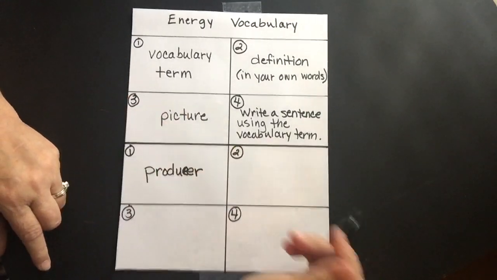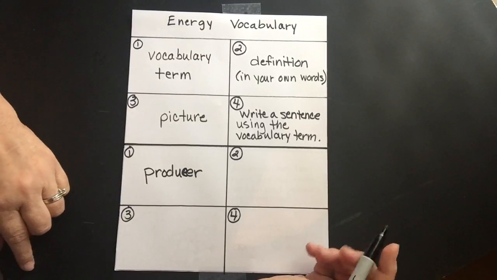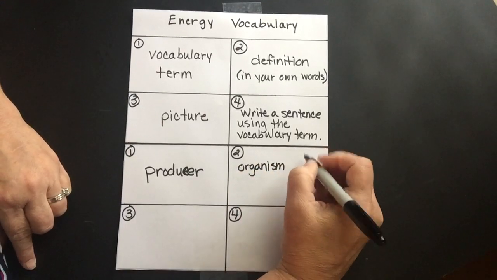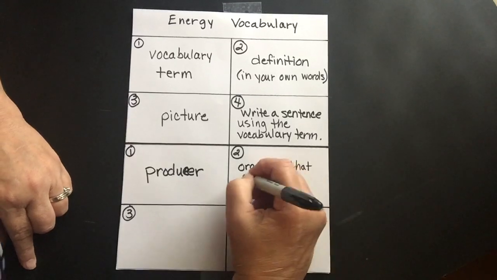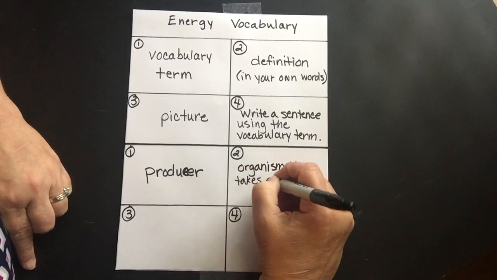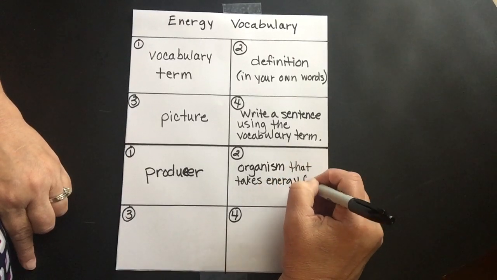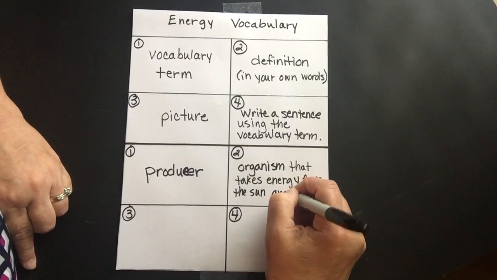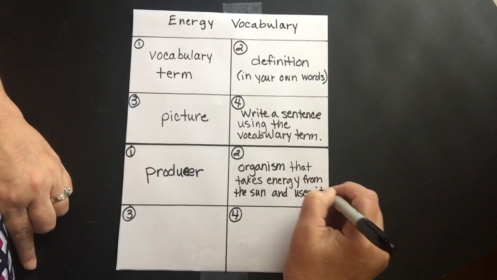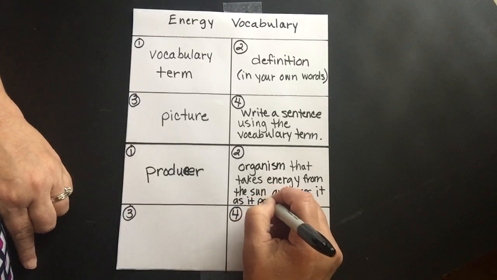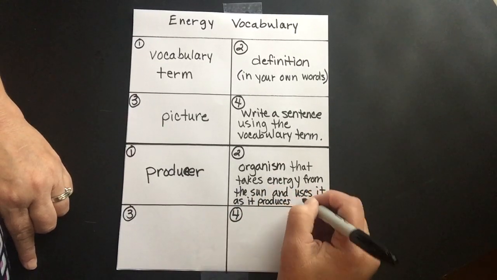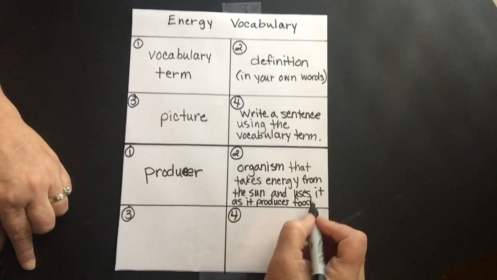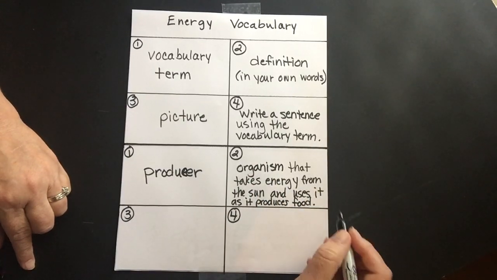Our definition for producer, I've looked it up and I thought about it and put it in my own words, and I'm going to say that it's an organism that takes energy from the sun and uses it as it produces food. Okay. It's an organism that takes energy from the sun and uses it as it produces food.